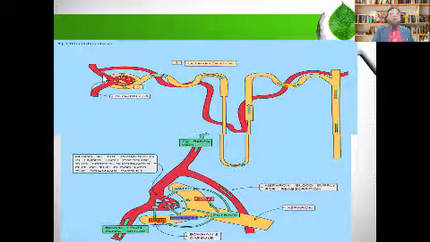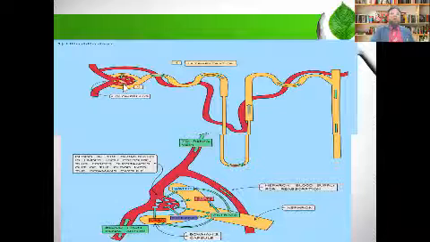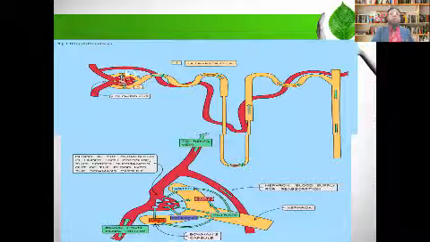So when the blood enters into the kidney, it enters into the nephrons. Which part of the nephron? That is the glomerulus, where the filtration of blood takes place. As you can see, the glomerulus takes the waste materials in the form of urea, water, minerals, and even some glucose also enters into the glomerulus.